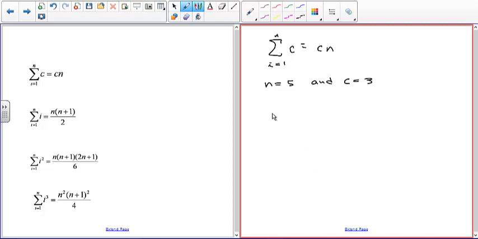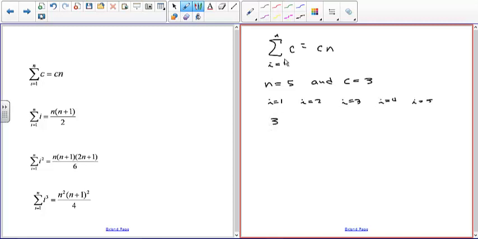To show this representation, we have I equals 1, then I equals 2, I equals 3, I equals 4, and I equals 5.